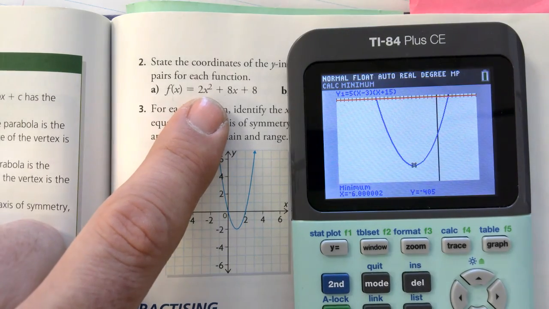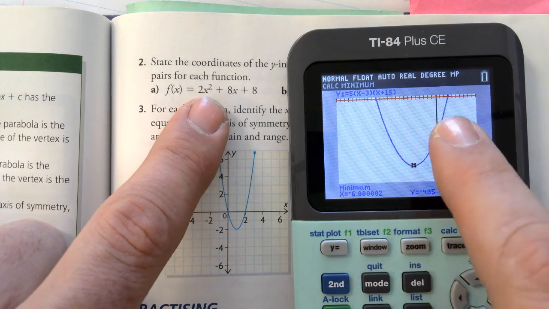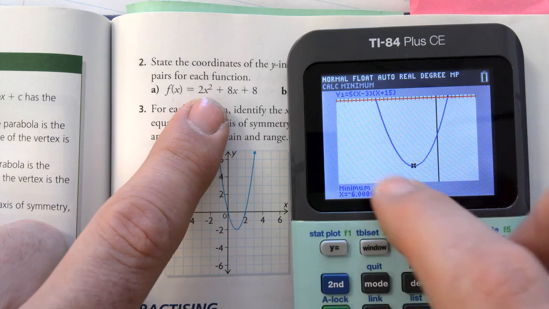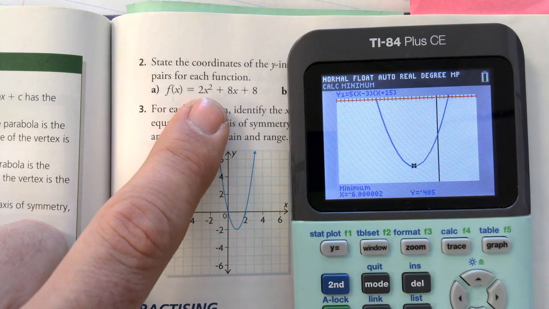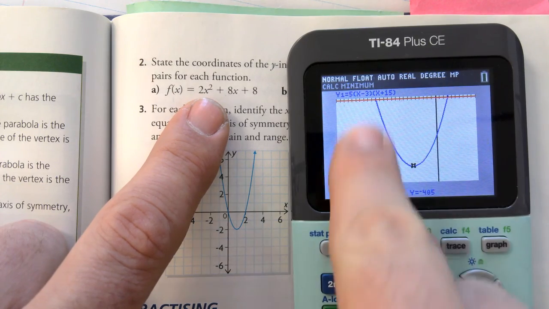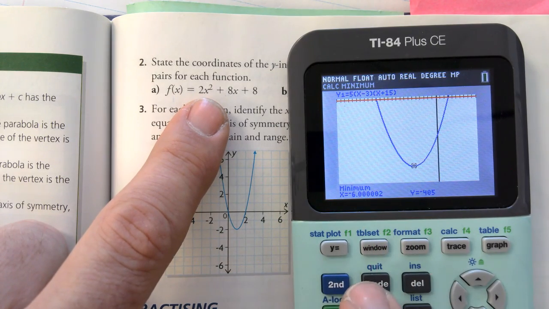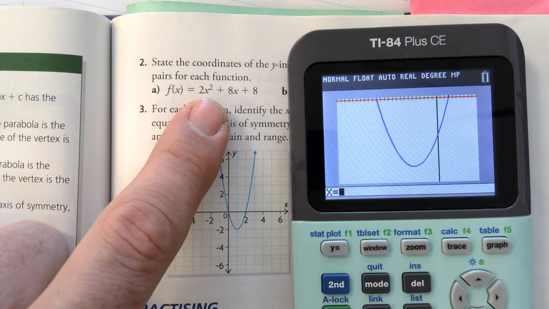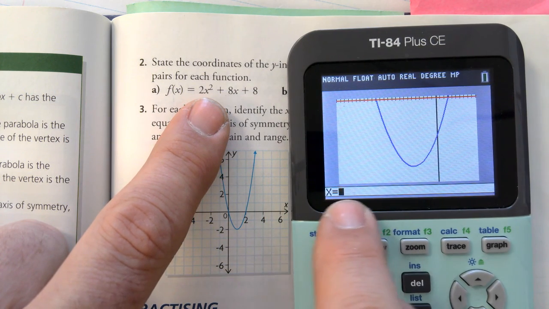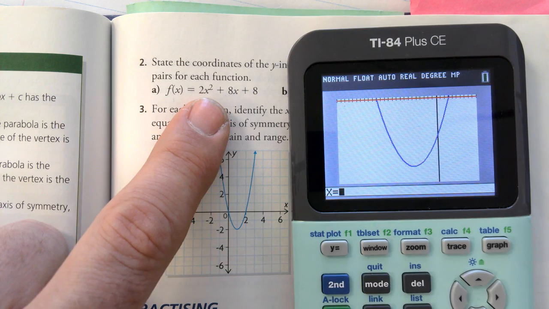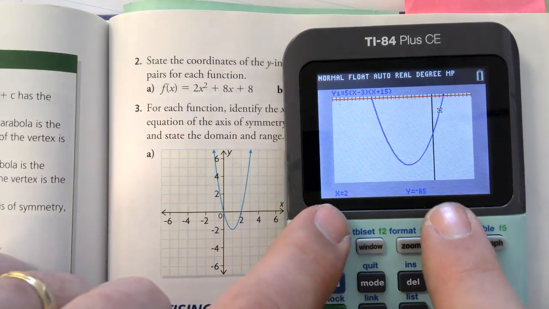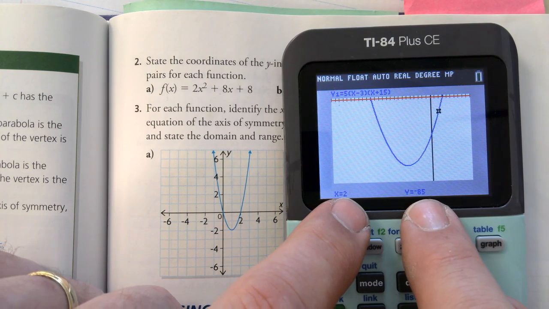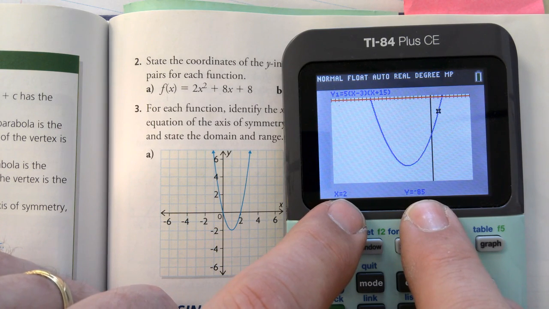Here, I'll show you. I'm using the fourth question that I just graphed earlier. So just watch, okay? I can find any point I would like on here. You know how I would do that? I go second, trace, value, and type in any x value you would like. So let's say I type in x is equal to 2. It finds the point (2, -85).